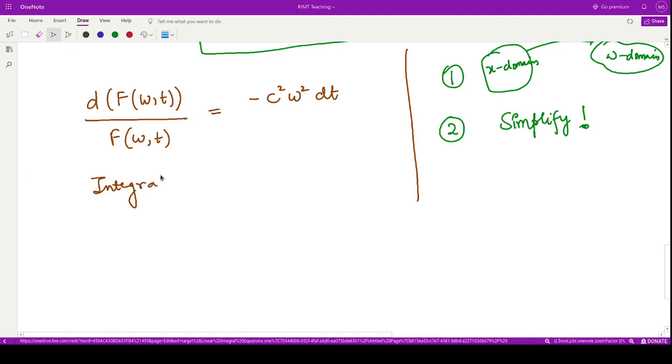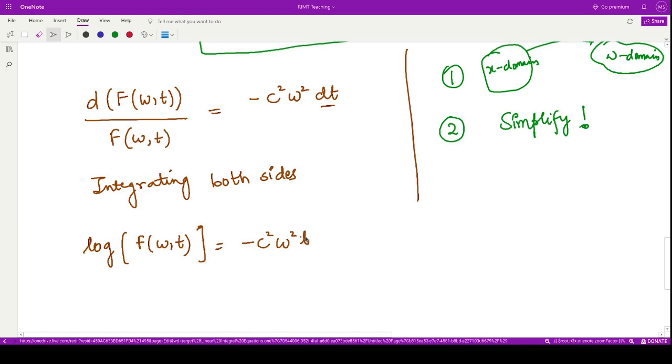Integrating both sides, here you see the derivative of function and the function itself. So it would be log of the function, right? And on the right hand side, we have to perform the integration with respect to t. So it would be minus c square omega square t, right?